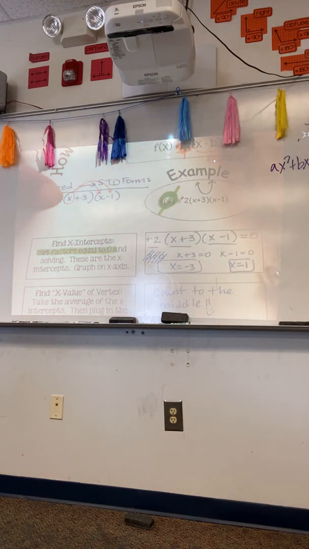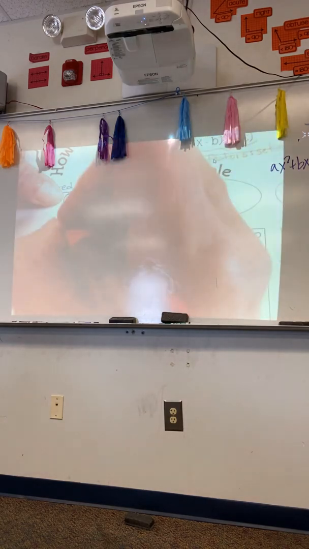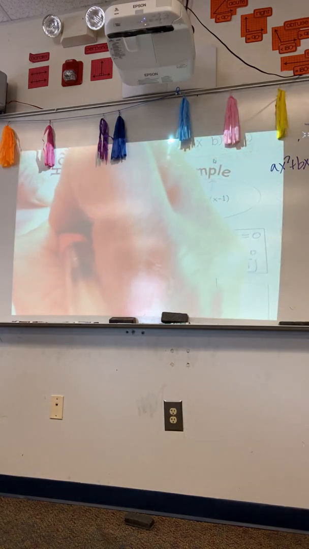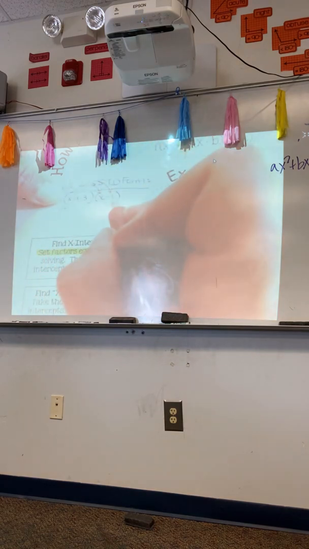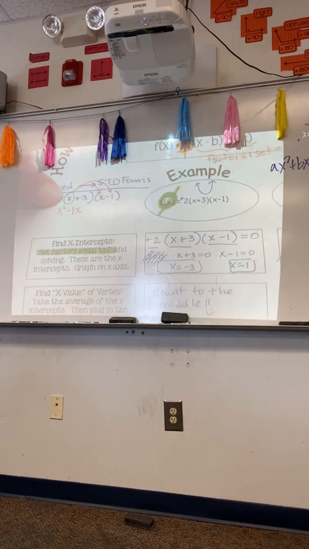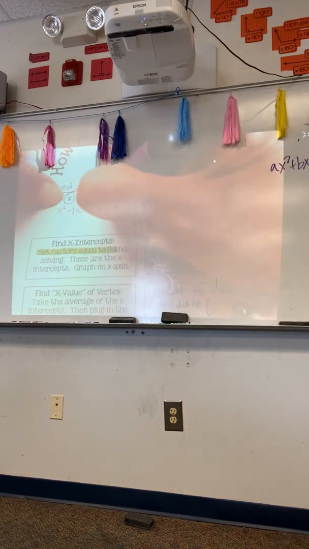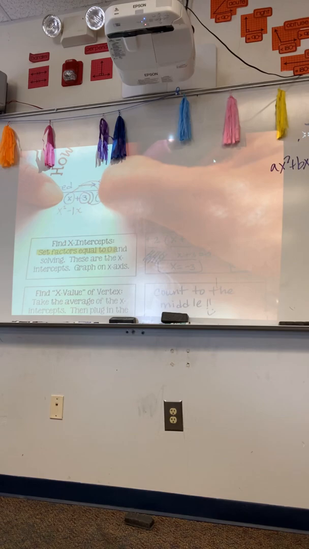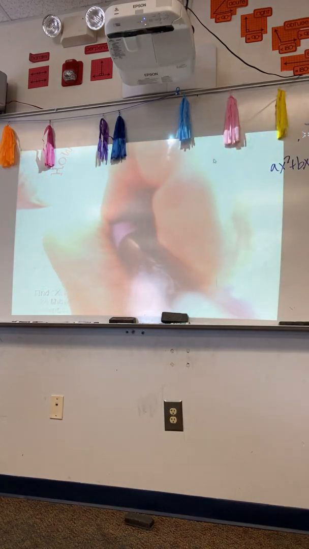Distribute means to multiply. What is x times x? x squared. You're so smart. x times a negative 1. Negative 1x. I am foiling. Yes, if you've ever heard of foiling, that is what I'm doing. All right, and then I'm going to do 3. A positive 3 times x is plus 3x.